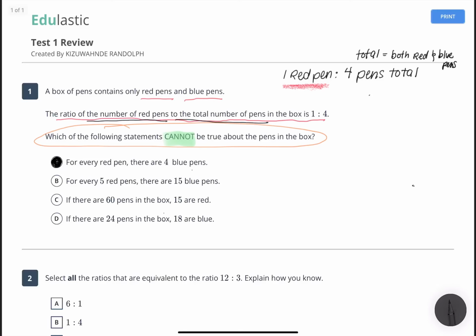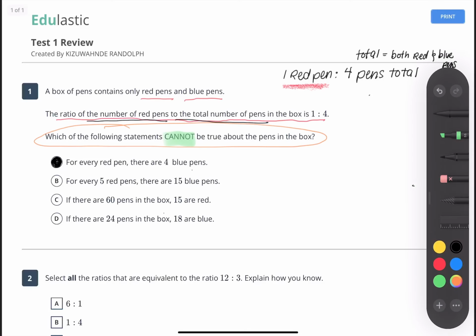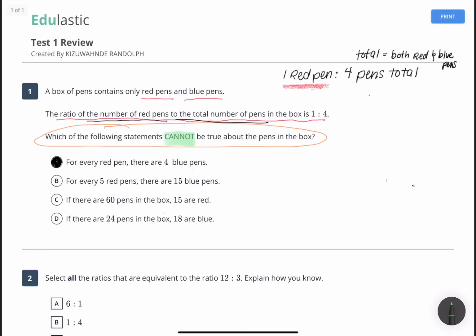Now, we've already discussed that there is 1 red pen and 3 blue pens. How do I know? Just a friendly reminder, for every 1 red pen, there are 4 pens total. There's only red and blue pens in the box, which means that there are 3 blue pens out of the total.